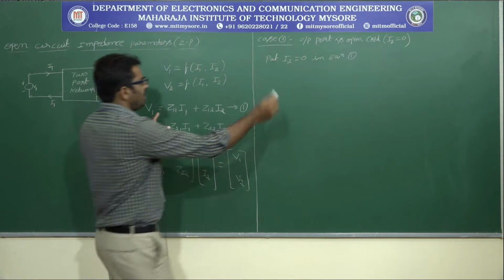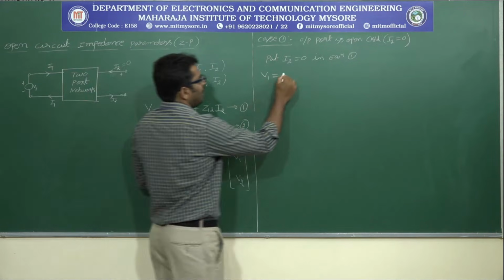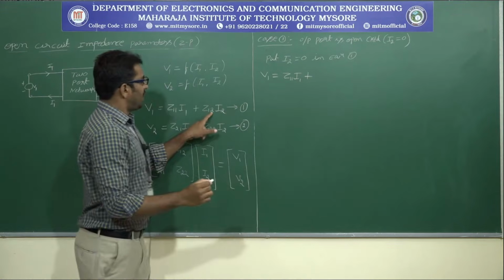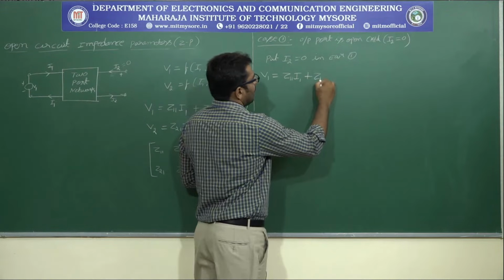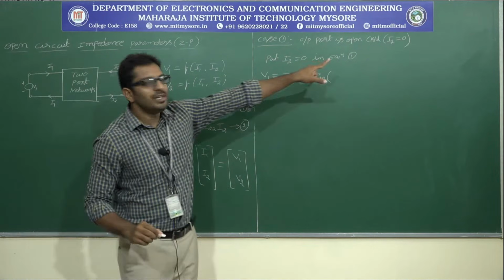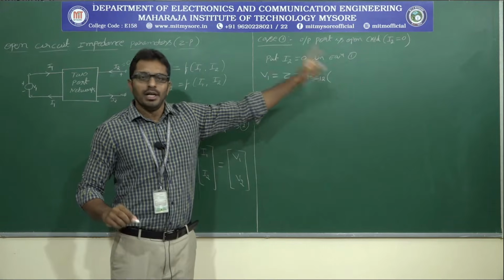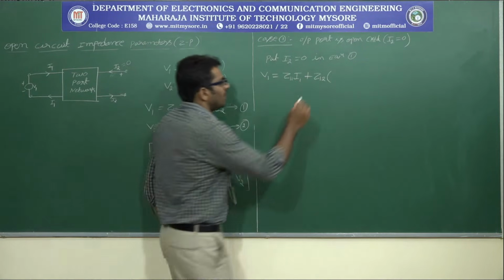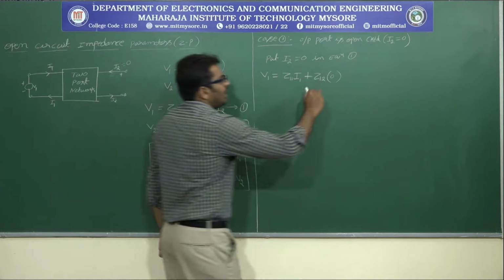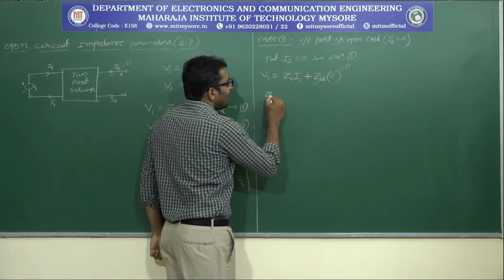V1 is equal to Z11 I1 plus Z12 into I2. What is I2? I2 is 0 when the output port is open circuited. Therefore, substitute I2 equal to 0. Is that clear? So, this entire term becomes 0. Now, get the expression for Z11.